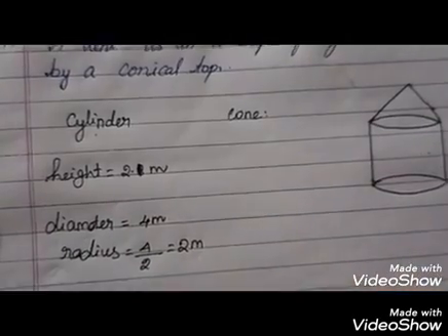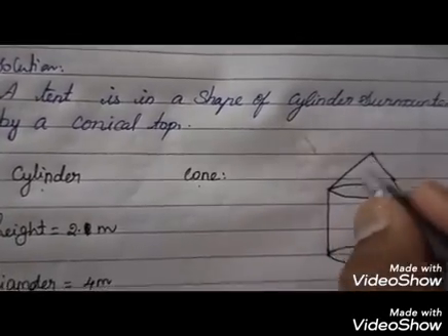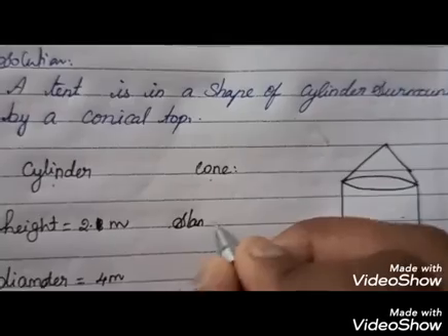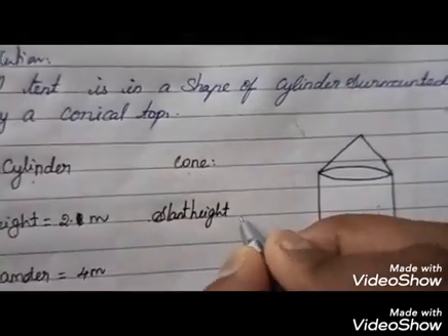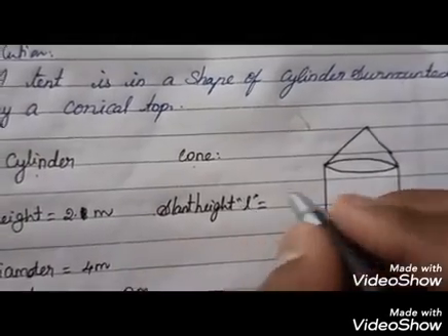Next cone, slant height L which is equal to 2.8 meter.